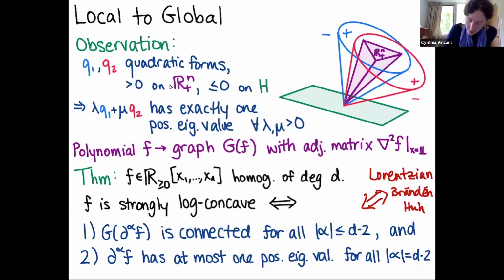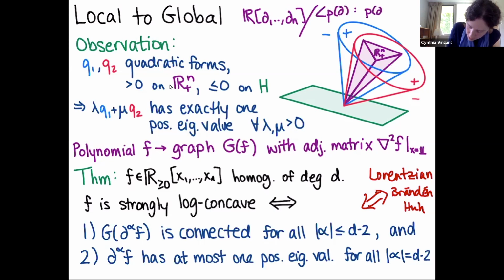And if you really wanted to go the Hodge-Riemann route, you're looking at the ring of differential operators mod the apolar ideal of F, mod the ones that kill F, the polynomials of delta F equals 0.